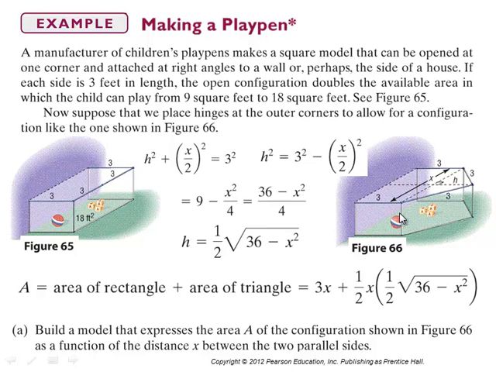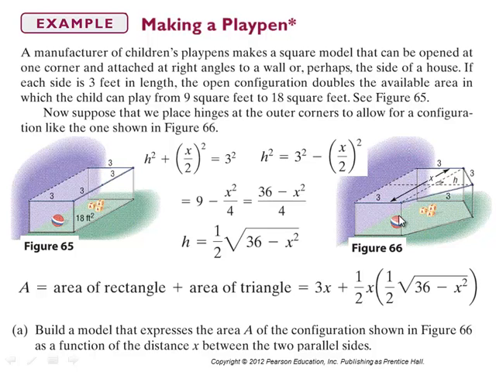And then plus the area of this rectangle right here, which is basically 3 times x. So 3x plus the area of the triangle gives the total area for the playpen when you have it in this sort of configuration.